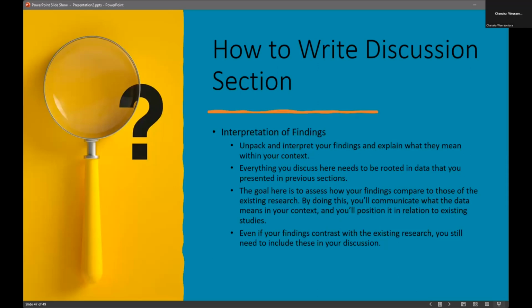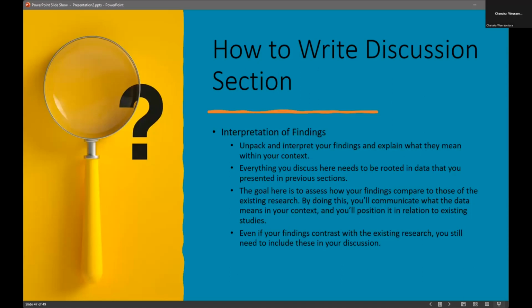So here what we do is we assess our findings and compare those findings with the existing research. What we want to do here is actually communicate with the data, connect that data to the context, and position our data in the existing body of knowledge where we are going to stand, right?